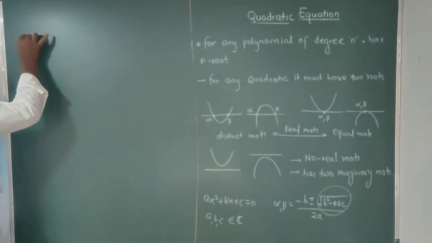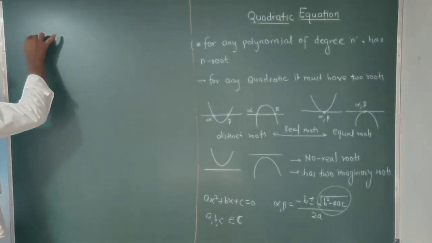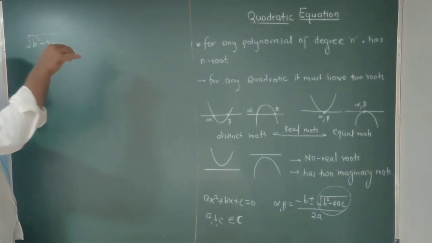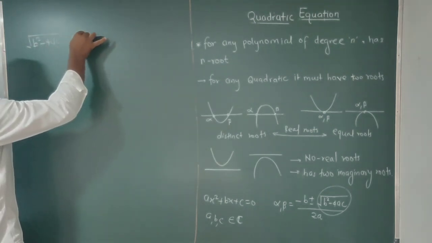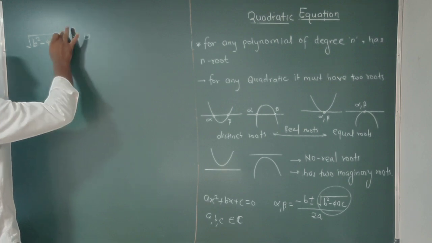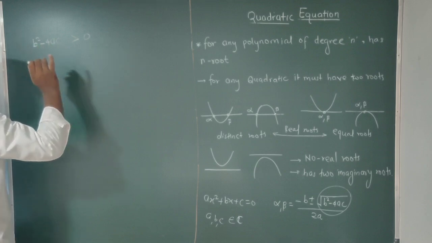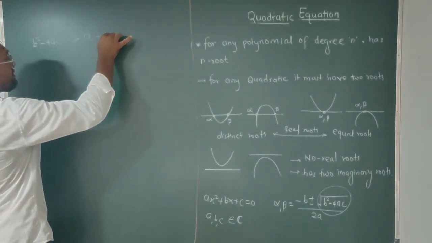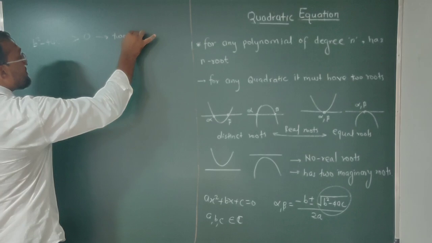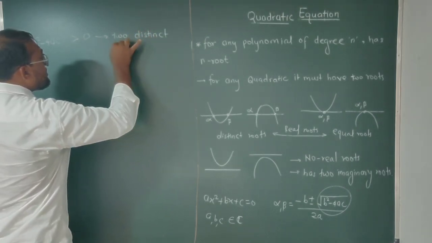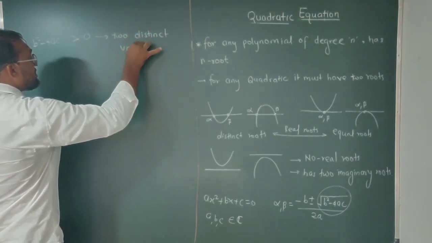For it to be real, b² − 4ac should be greater than or equal to 0. So if b² − 4ac is greater than 0, then we get two distinct values, or two distinct roots.